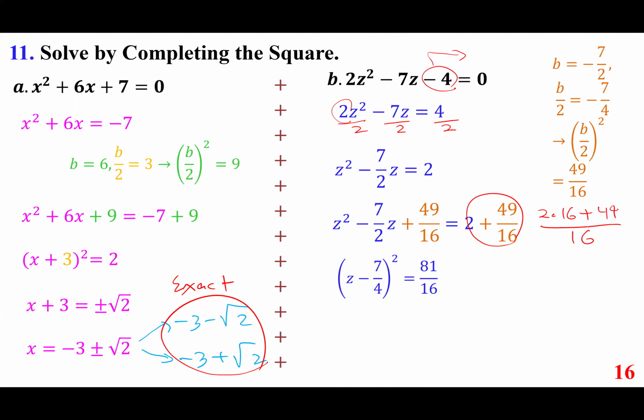You take a root from both sides. So this is 9/4.